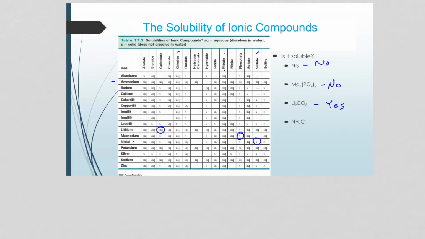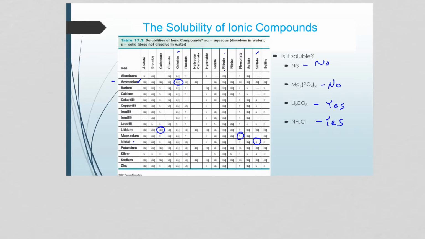And how about ammonium chloride? Well, we find ammonium here, we'll go across to the chloride. And again, we see that ammonium and chloride combined gives you an aqueous, or soluble, material. So we want to understand how to use these solubility rules.